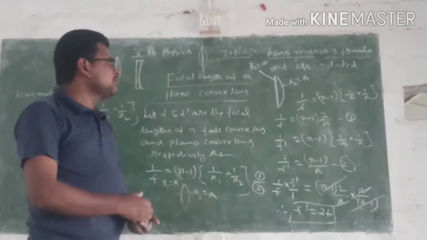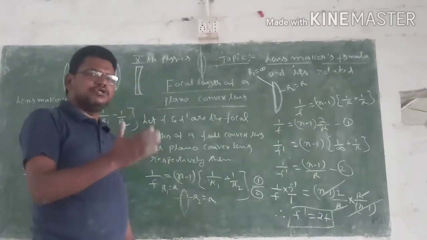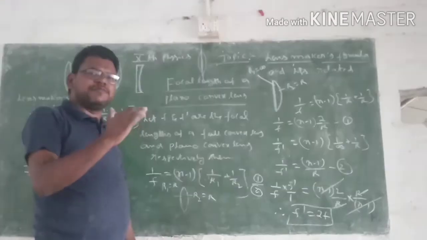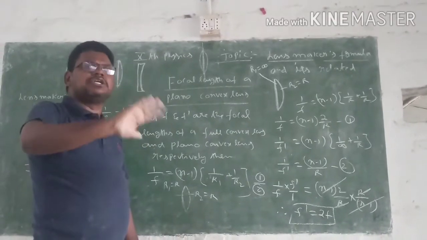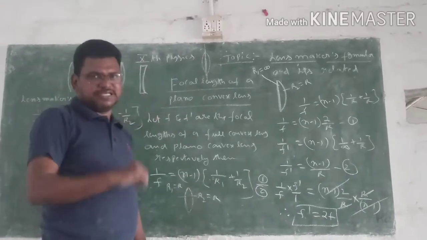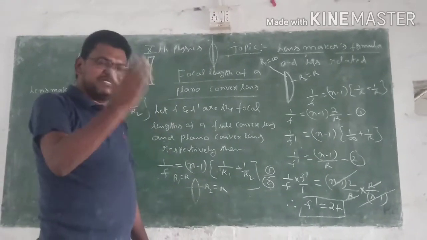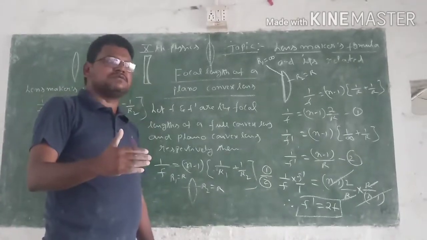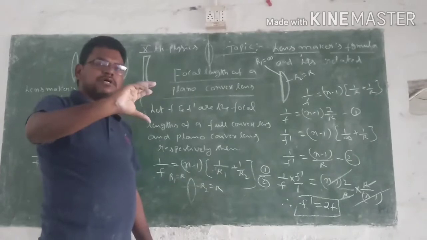That means if you cut a lens into two equal halves, then the focal length of each half becomes double the focal length of the lens before cutting. So when you cut your lens, the focal length of each half lens increases twice.